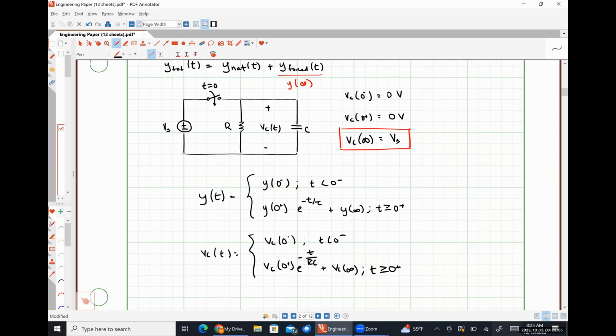But what happens if we substitute our numbers in for this thing, right? So Vc at 0 minus was 0. Vc at 0 plus was 0. E to the whatever doesn't really matter because Vc at 0 plus was 0. And then we're going to have plus Vs here.